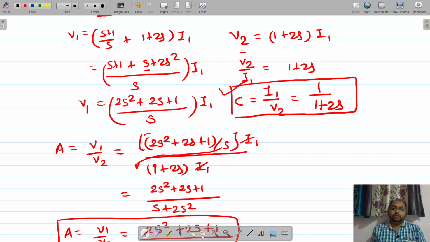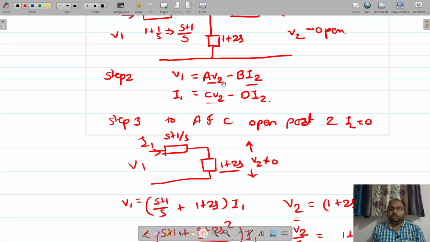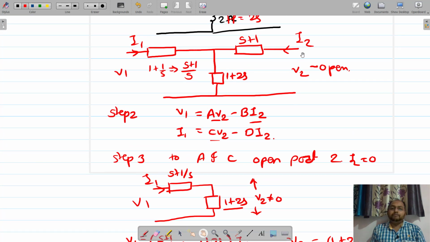Fine. Now next is what? We need to make V2 equal to 0 by making a short circuit across this point. Okay, so let us do this one.